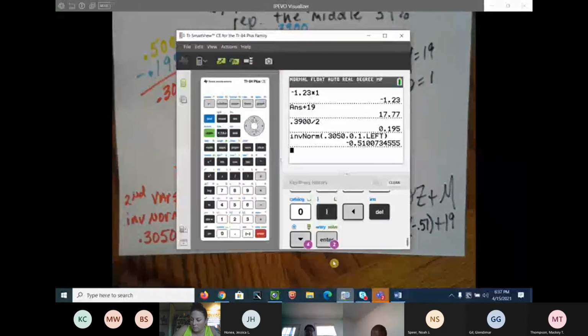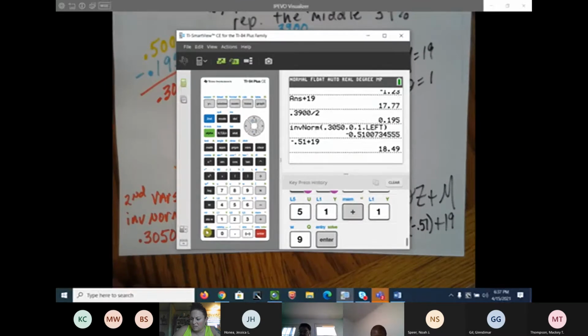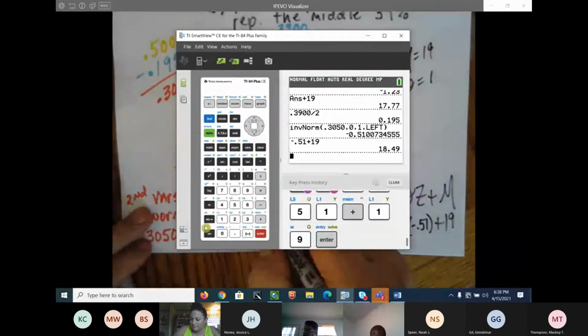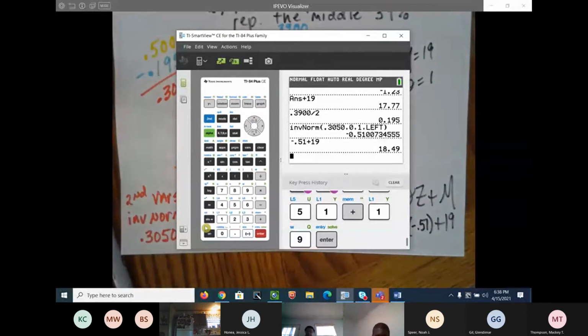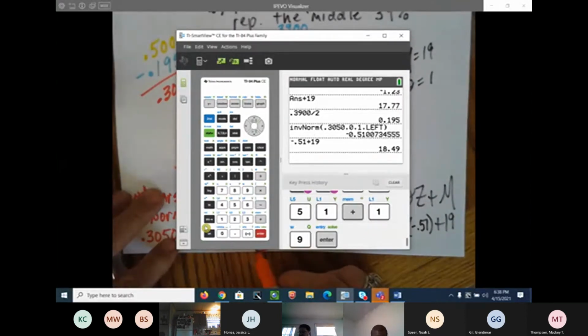So the score is 18.5 right there. So the orange, negative 0.51, is 18.49 days, 18.5 days, and they don't want 18.5. So the answer is going to be what? 19.